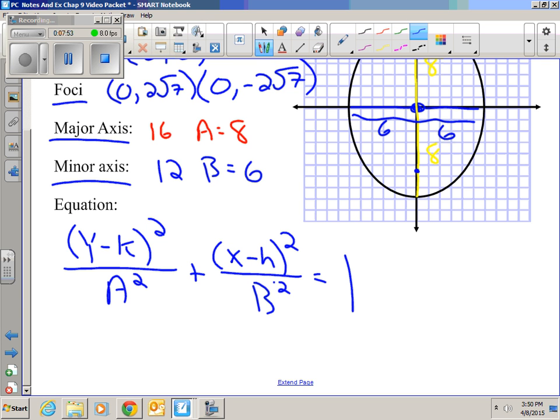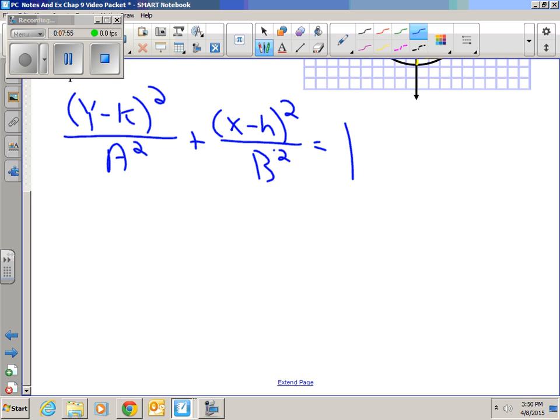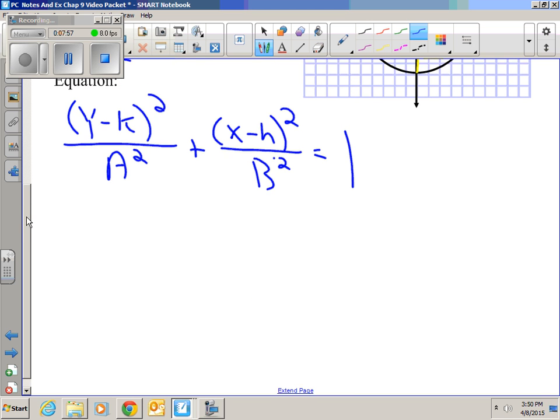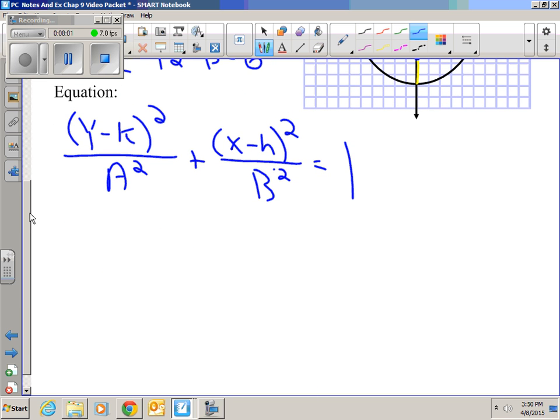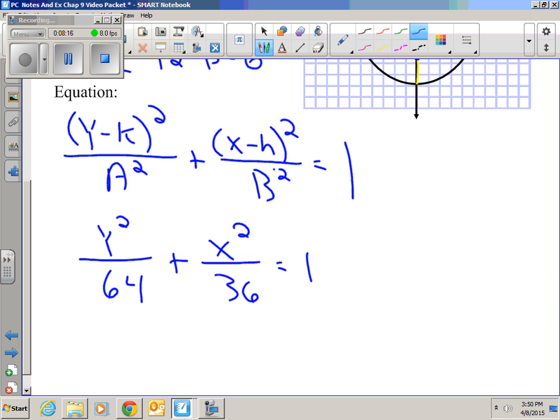So, in this case, h and k were both 0. A was 8 and b was 6. So this is going to be y minus 0 squared, or y squared, over 8 squared, which is 64, plus x minus 0 squared, or x squared, over 6 squared, which is 36, and that's equal to 1. And this, my friends, is the equation for the ellipse you see above.